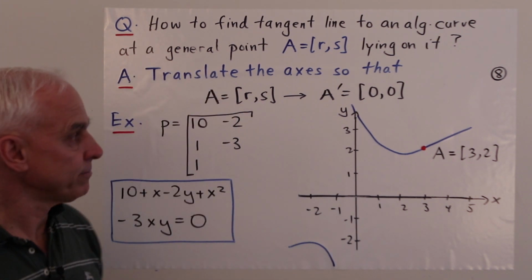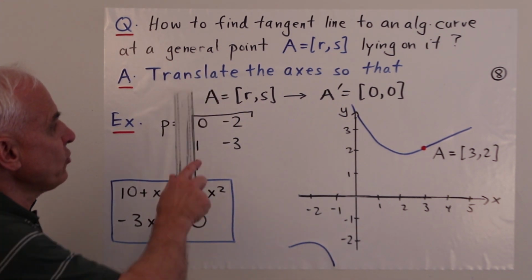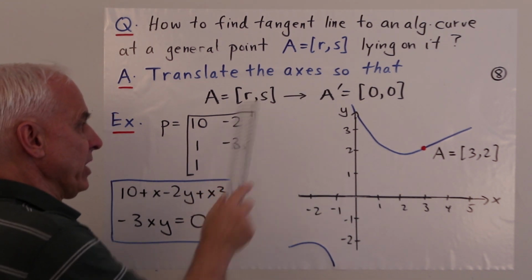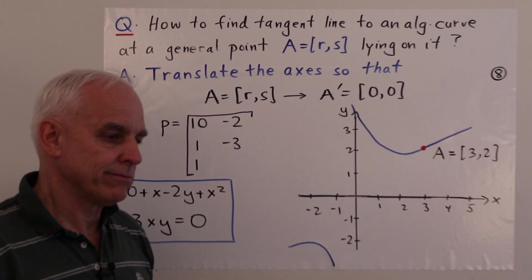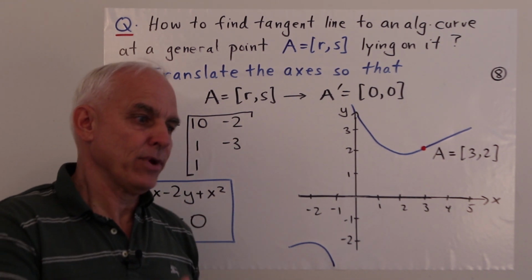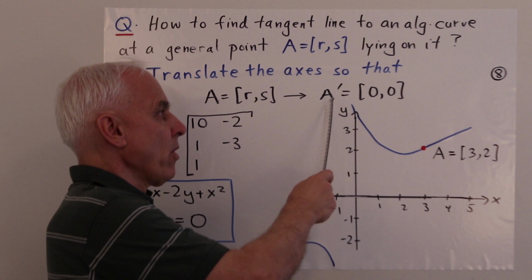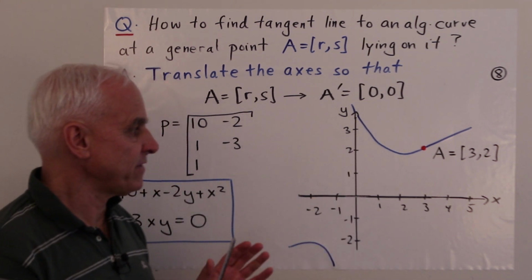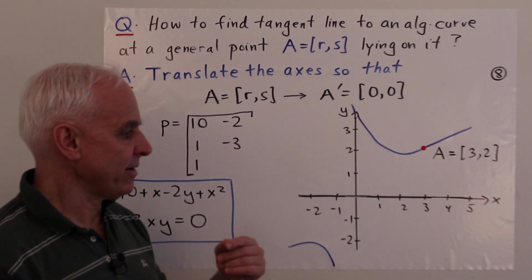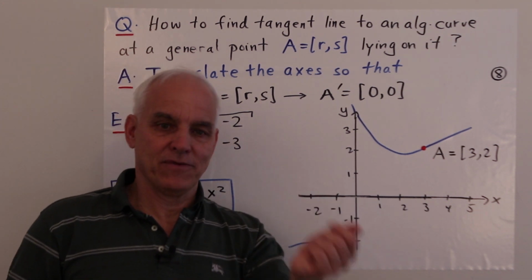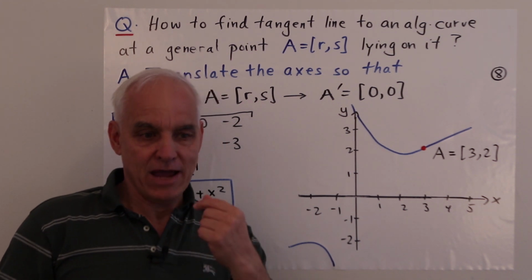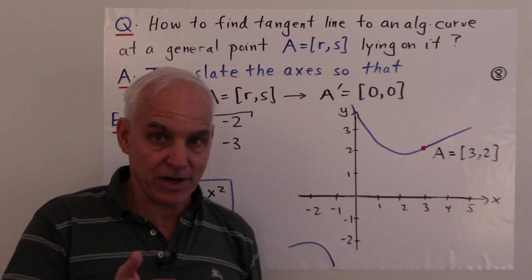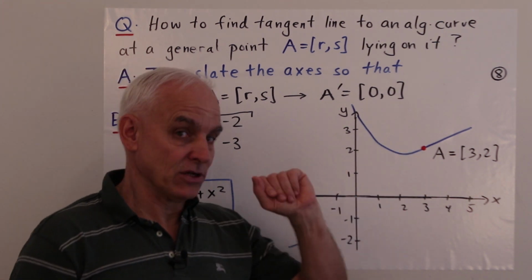So what we're going to do is translate the axes so that our point A is redefined to be the origin, A prime equals 0, 0. We're going to shift axes so that we're exactly in the situation that we've just dealt with. We have a curve which is then grounded, and then we can just do this very simple truncation business to find the tangent.